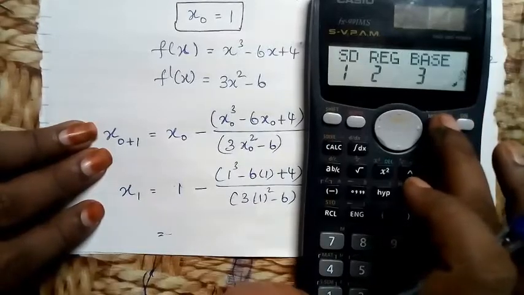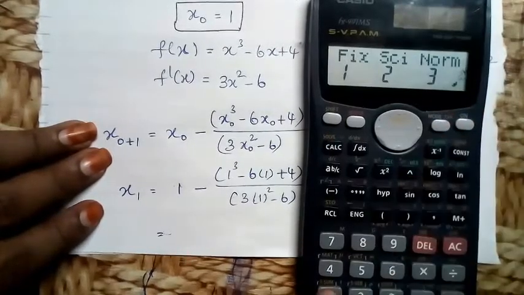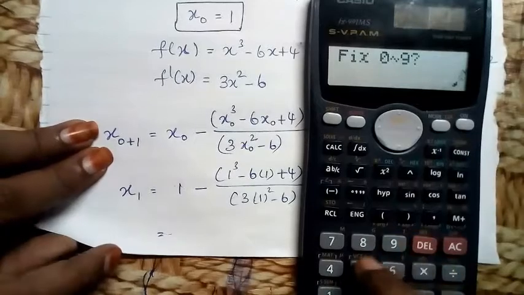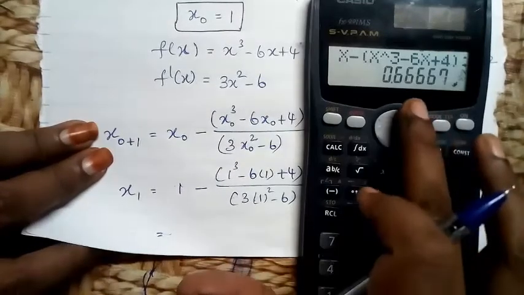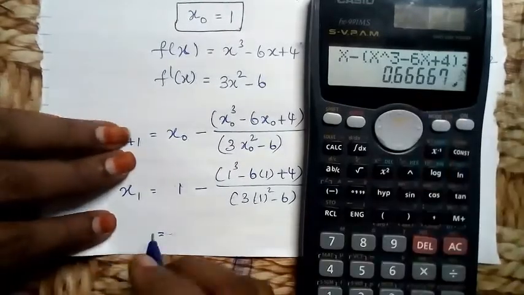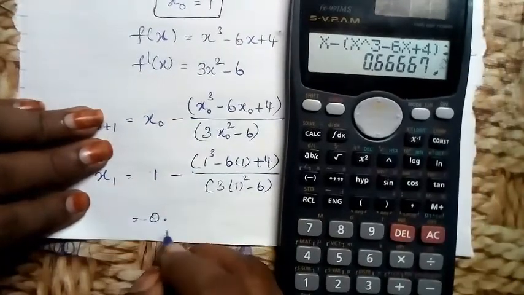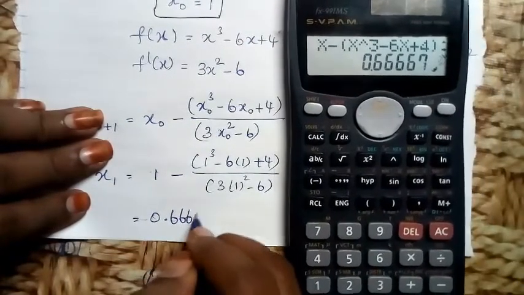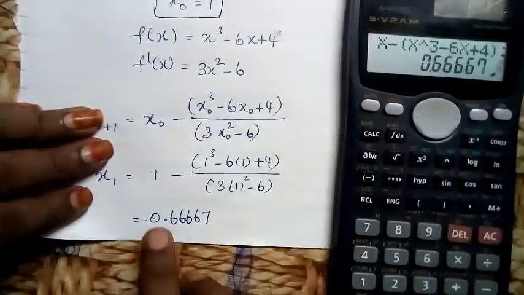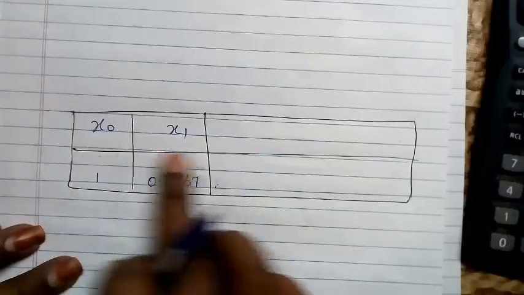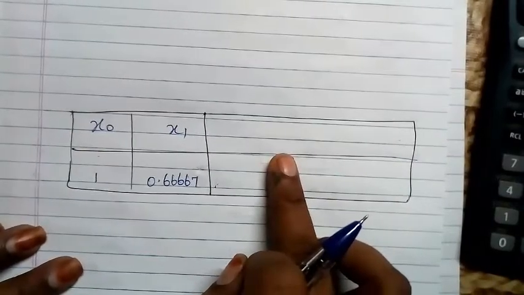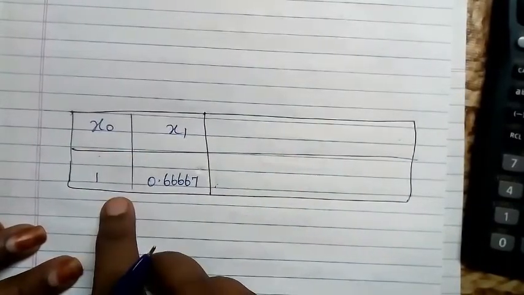So change the mode and fix the decimal values as 5. You can see the value of x1 is 0.66667. So enter the approximated values in the tabular column. Initially the x0 value is taken as 1.